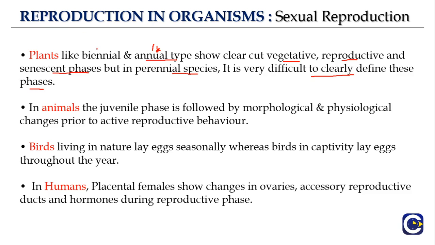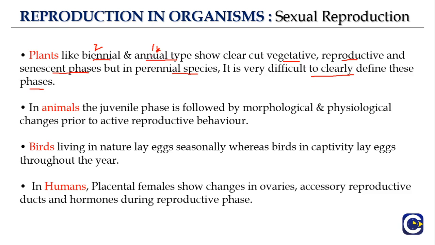Similarly, like annual, biennial means 2 years. So here the lifespan is 2 years. A biennial plant takes 2 years to complete its whole life cycle of vegetative, reproductive and senescence phases. It will germinate, grow and survive through one winter. In the second year, it will grow even more than in the first year, bloom and then ultimately die.